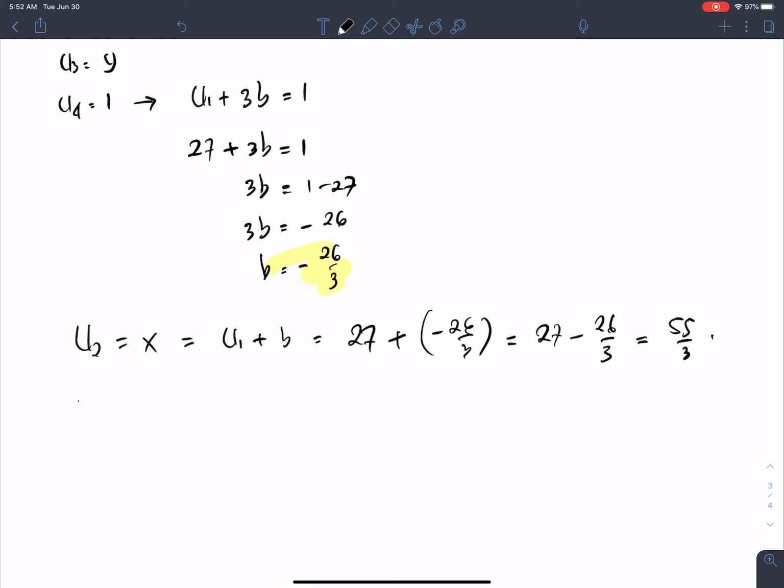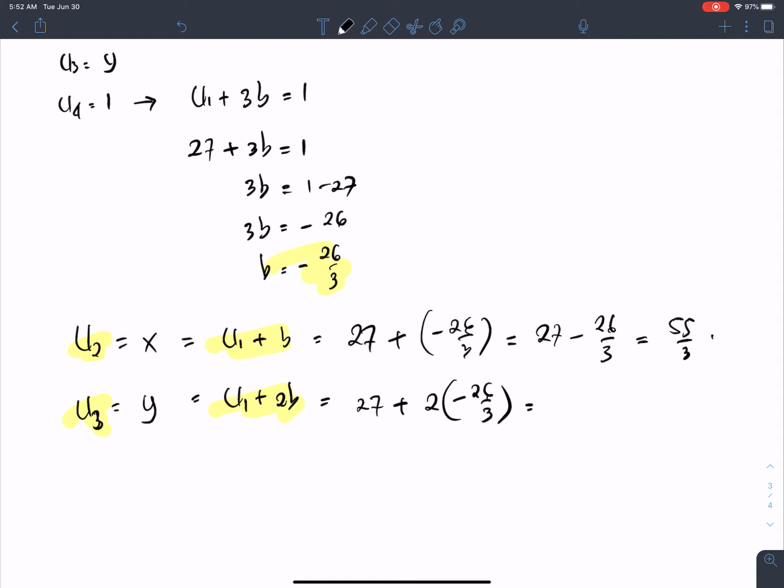The next one, u3, will be y. Our u3 is u1 plus 2b. This is what I said: you need to understand the pattern. u2 is u1 plus b, u3 is u1 plus 2b. Then substitute the number: 27 plus 2 times our b, which is minus 26 over 3.